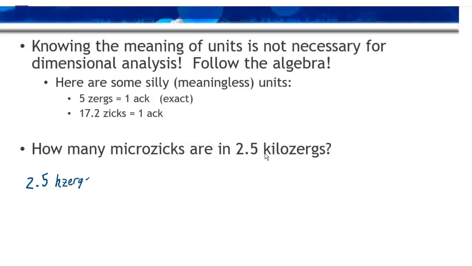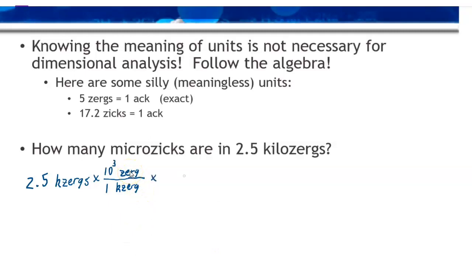First thing I'm going to do is convert my metric prefix to the unprefixed unit. So I want to get rid of kilozirgs, replace it with zirg, and by definition of kilo, 1 kilo is 1,000 of whatever this unit is. So now I've converted to zirgs.